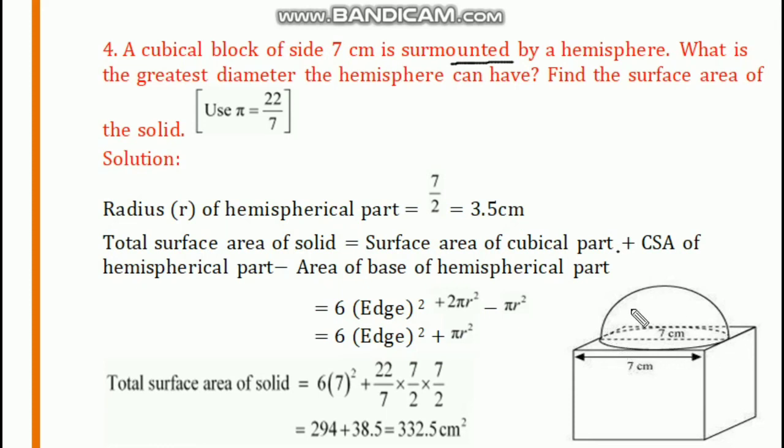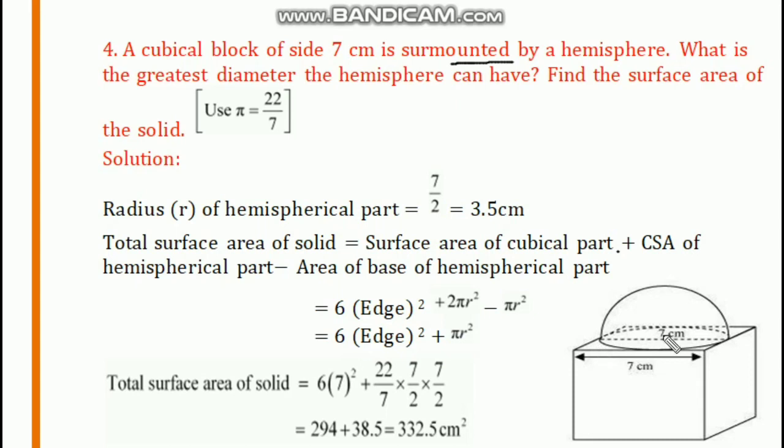Because the hemisphere is surmounted on a cube. So the cube has some spaces except the hemisphere. The hemisphere occupies some place on top of the cube, and at the same time some more places are available on the top of the cube.